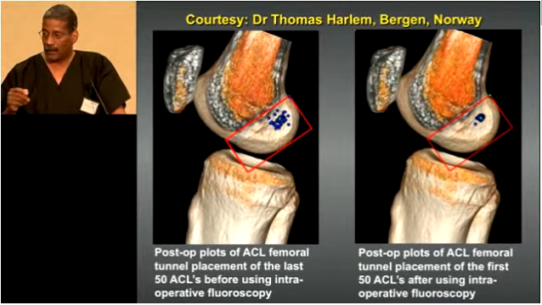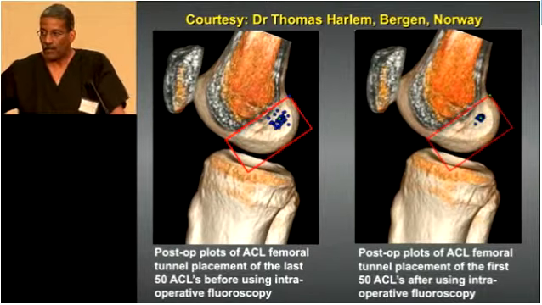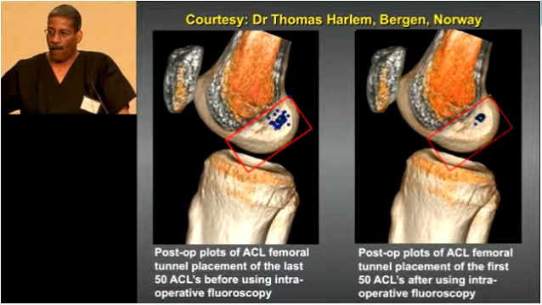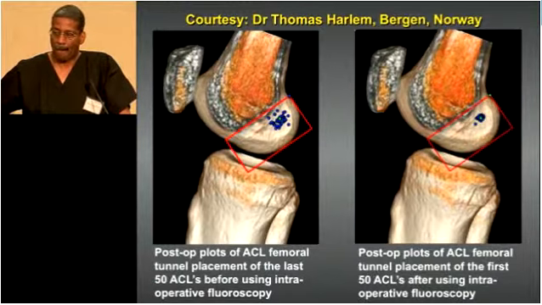Chris? Yeah, I'll make a quick comment that would be unpopular, but I'll preface it by saying I think it's absolutely critical that we understand the anatomy for these ligaments. We can't get too complacent, though. As you said, isometric placement is not anatomic placement of these ligaments, but anatomic placement is also not anatomic placement, because what we're putting into these footprints is nothing like what was originally in the footprints.